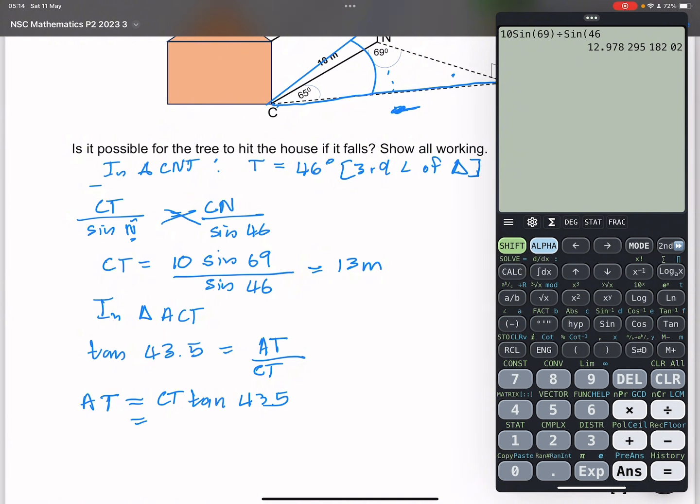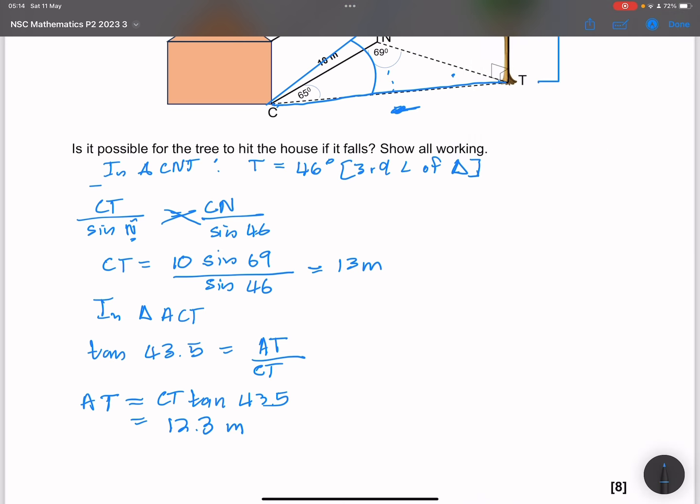I still have the value, so I'll just multiply my answer by the tan of 43.5. I get 12.3 meters. So this is the height of the tree.